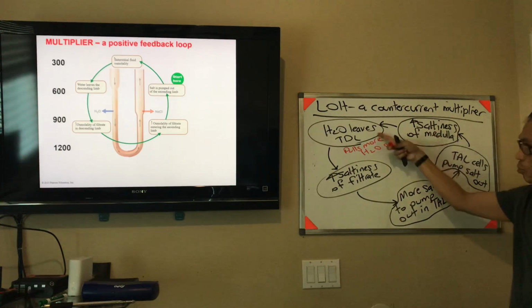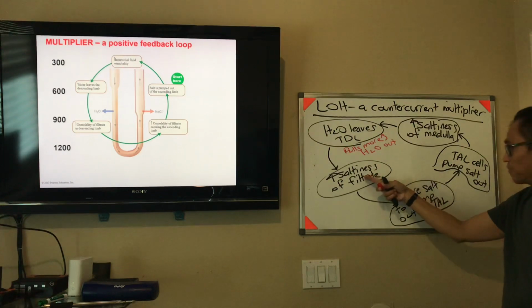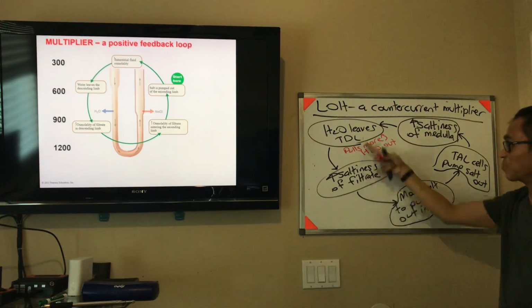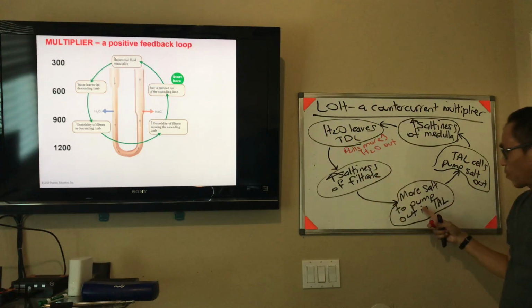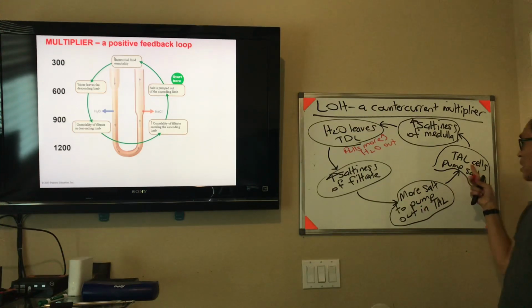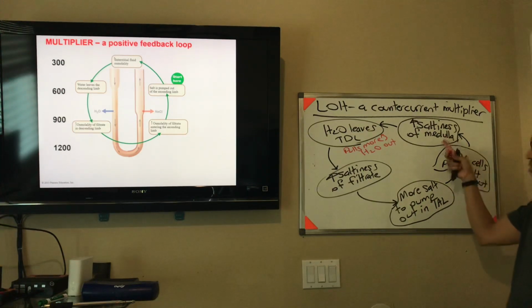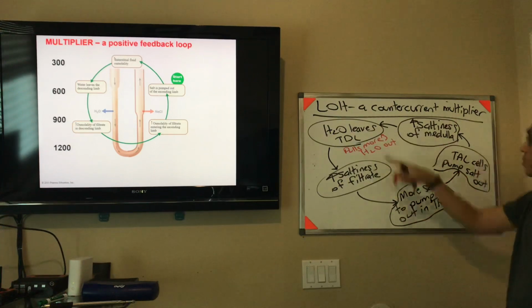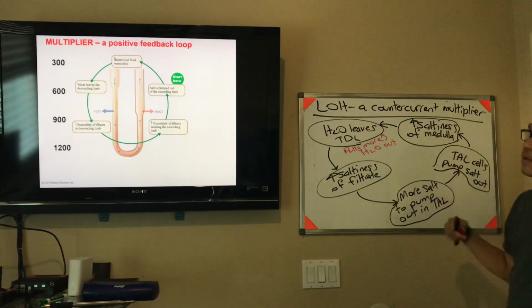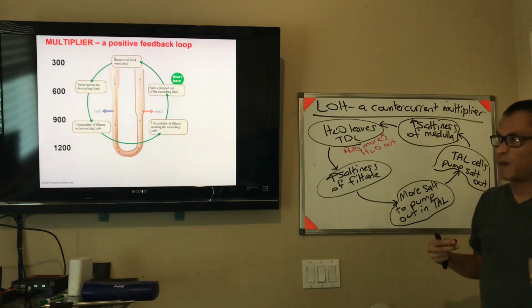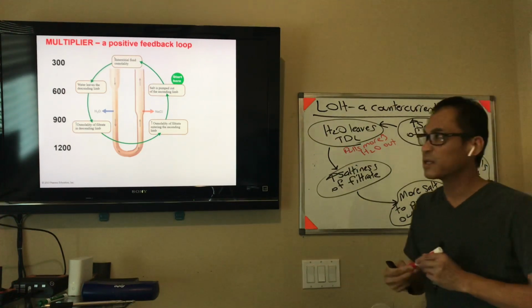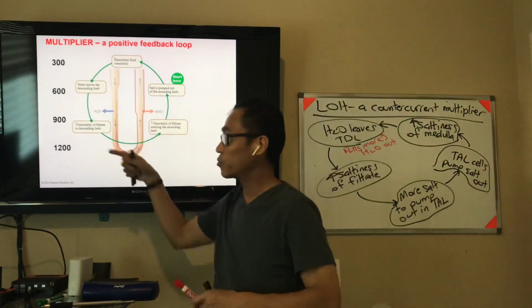It's more salty, pull more water out. Increase the saltiness of the filtrate, right? Because more water is leaving. You have more salt to pump out. The TAL cells pump out more salt, increase the saltiness, pull more water out. It just keeps going around and around. That's the loop. And that's how this nephron loop creates this gradient from 300 to 1200.